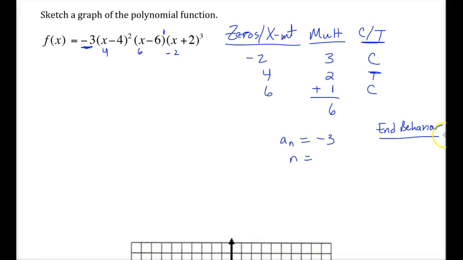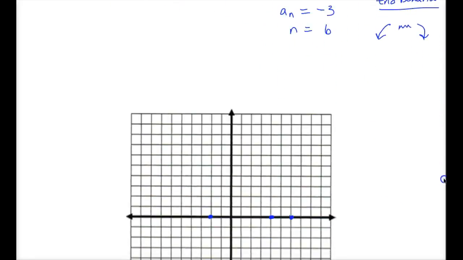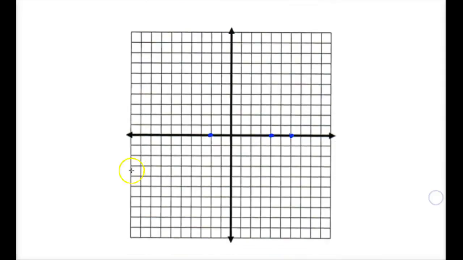Okay? And so we see here in this case, we have a situation where the leading coefficient is negative, but again, the degree is even, so it's going to look like a negative x cubed, which is going to look like this. And so when we come to our graph here, we know that we're going to have some end behavior that's going to be like this over here and like that over there.